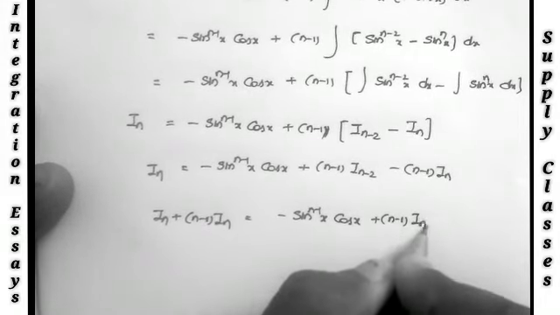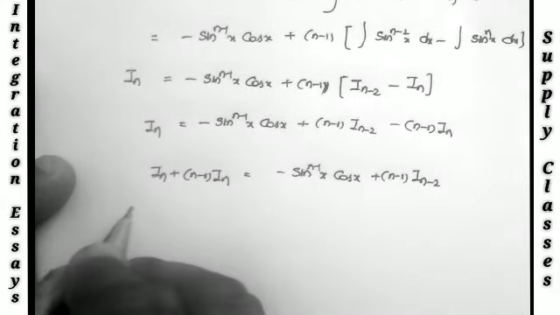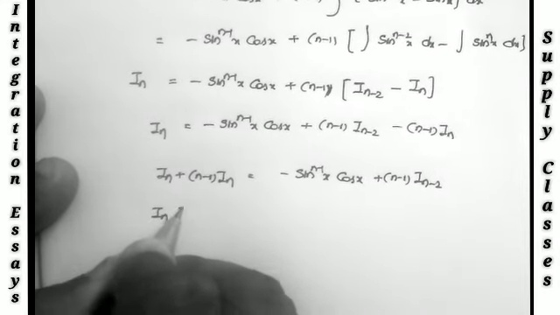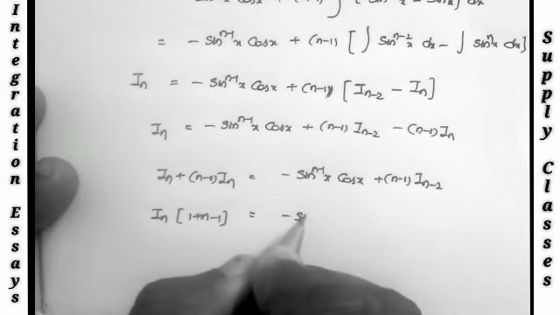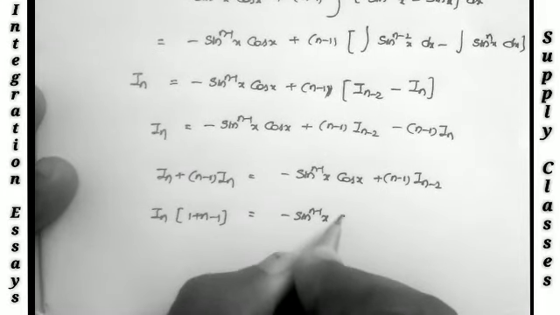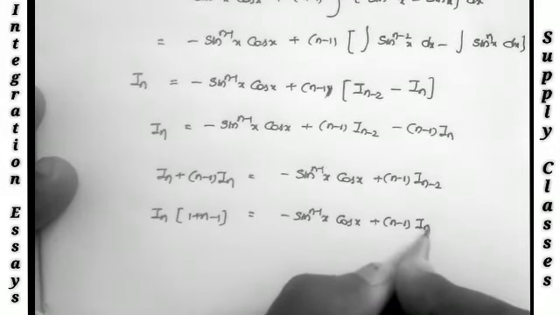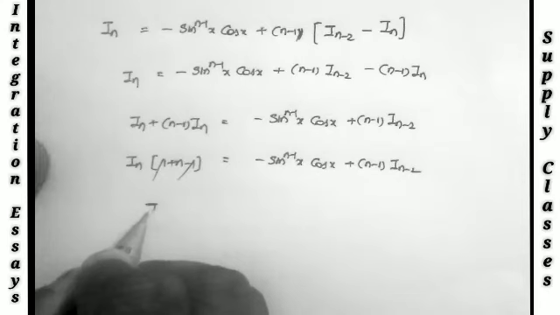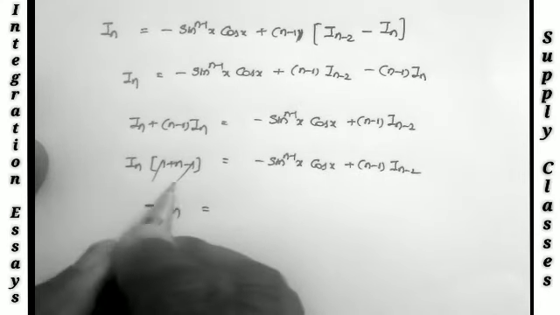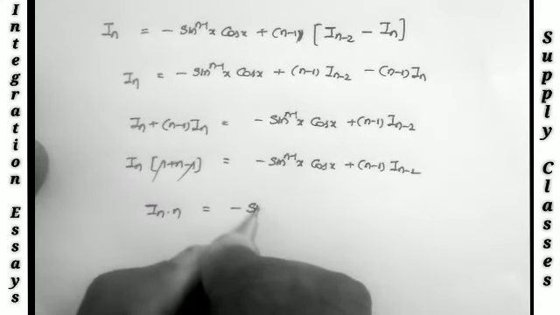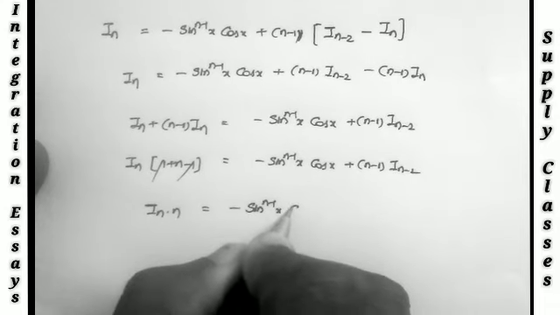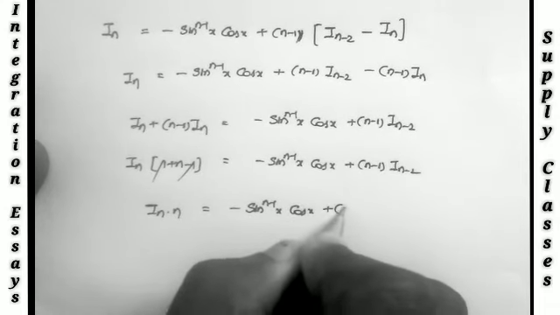Now in the next step I am taking the I_n common here, so this is I_n of 1 plus (n-1), is equal to minus sin^(n-1) x cos x plus (n-1) I_(n-2). Now here we got the value 1 plus n minus 1, so this is I_n into n is equal to minus sin^(n-1) x cos x plus (n-1) I_(n-2).